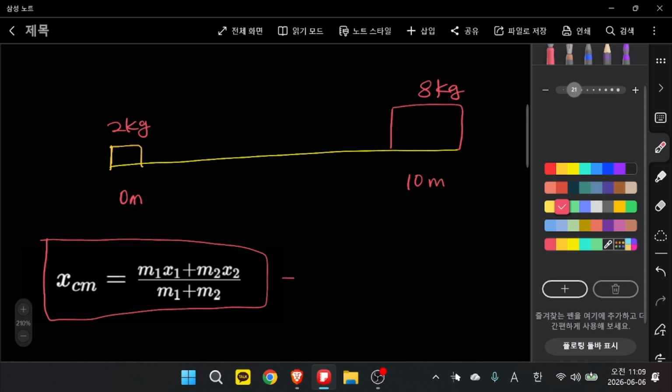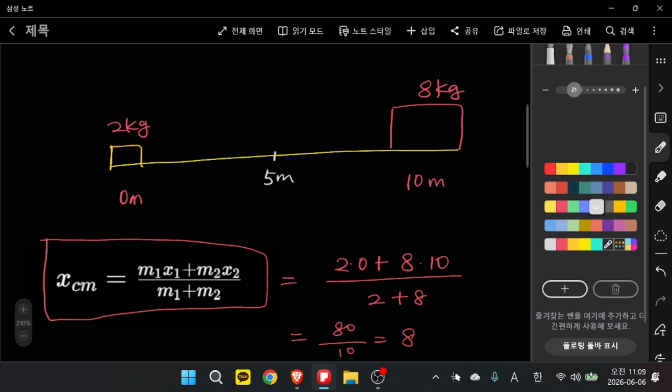Substituting into the formula, so the center of mass is at 8 meters.